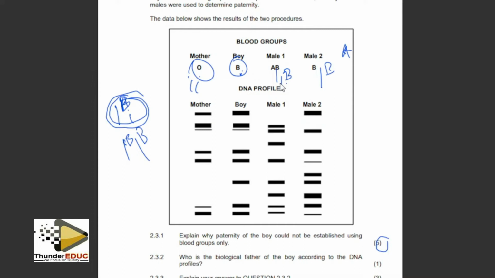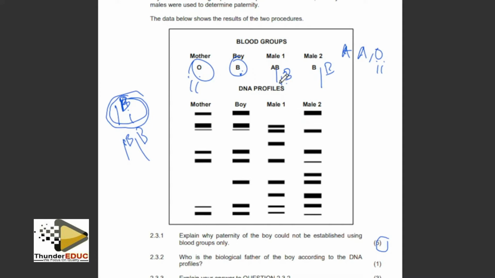And another man who is blood group O cannot be the father either. So blood group A and blood group O are wiped out. Why? Because if it is small i, the boy is blood group B, so there is no way this boy is going to get a B from the father who is blood group O, yet the mother is already known to be blood group O. So that's the meaning that you can't use blood group to conclude the father of the individual.